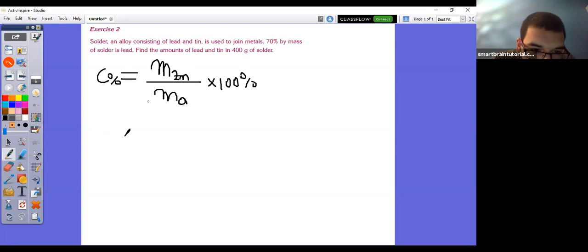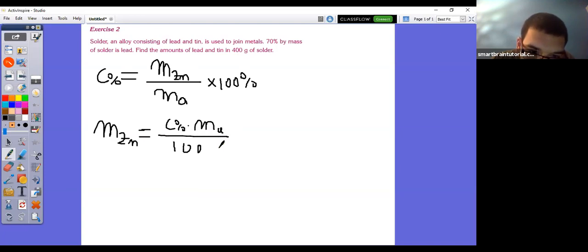We want to find the mass of lead. The mass of solute will be the percentage concentration times the mass of alloy over 100%.